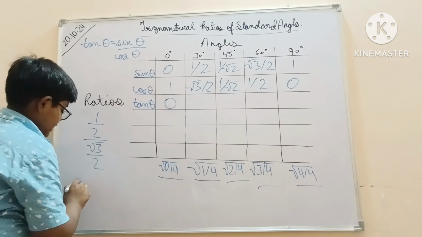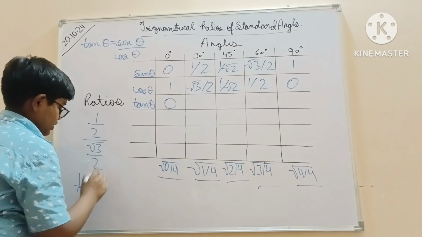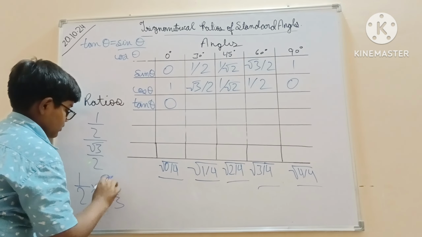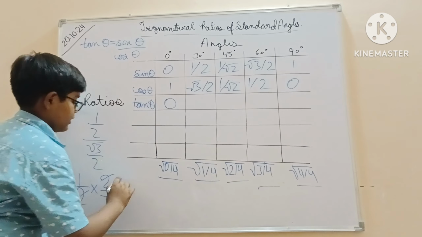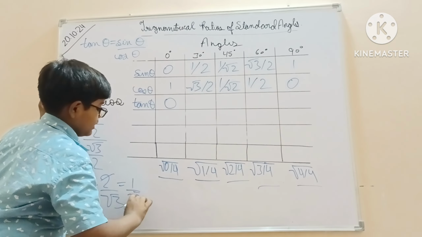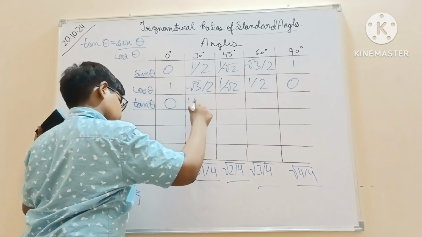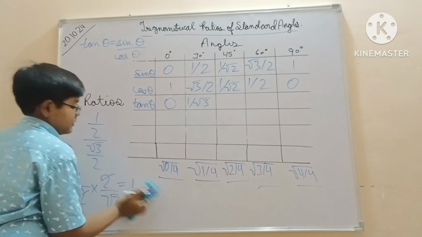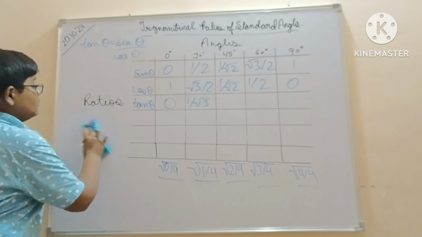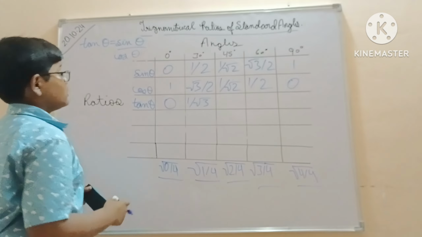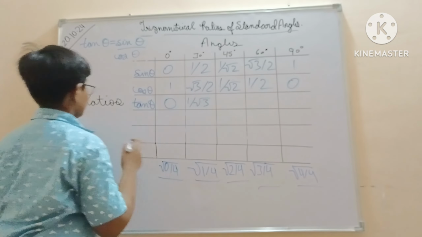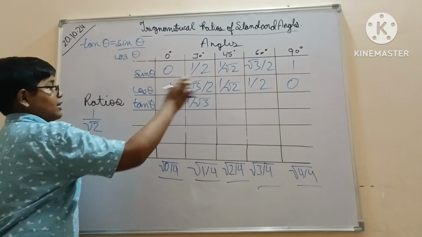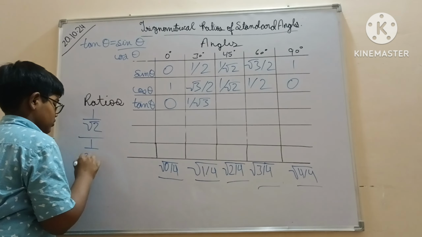So we can reciprocate the fraction, which is root 3 by 2, in order to multiply this value. 2 will cancel by 2 and the value of tan 30 will be 1 divided by root 3. Now the value of tan 45 will become sin 45, which is 1 divided by root 2, divided by cos 45, which is 1 divided by root 2.